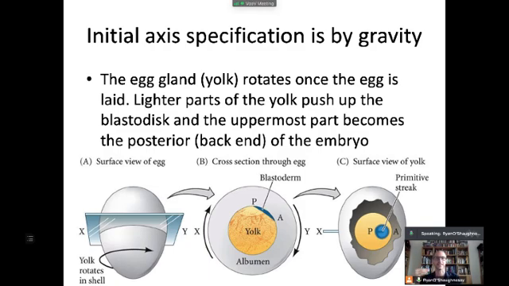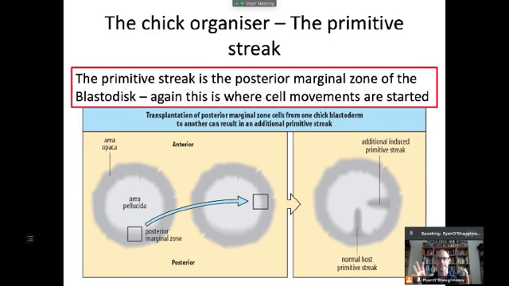And this governs where our primitive streak, which is the area that gastrulation occurs in, will be occurring. So that chick organizer is the primitive streak. And the primitive streak is in the posterior marginal zone of the blastodisc. Again, this is where all cell movements are started. And so if you transplant the posterior marginal zone to another region of a developing chick embryo, we'll get an additional induced primitive streak.